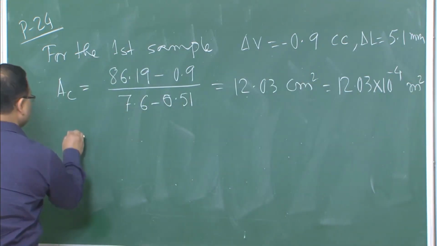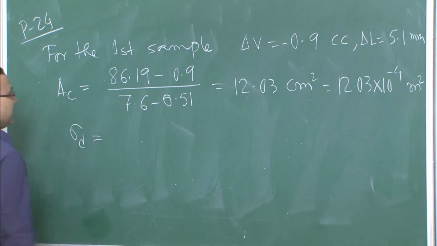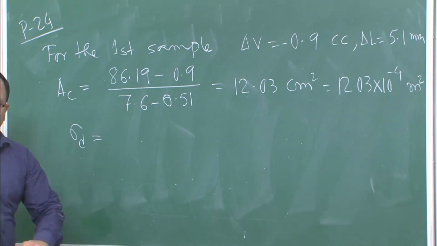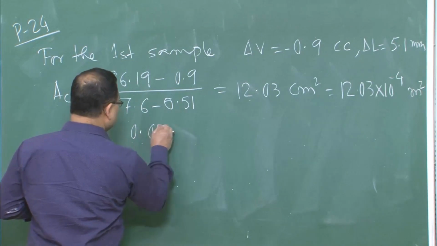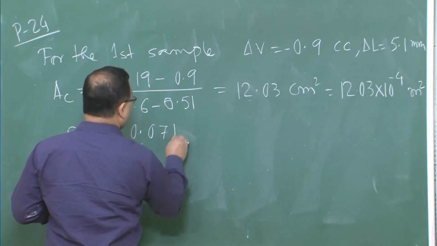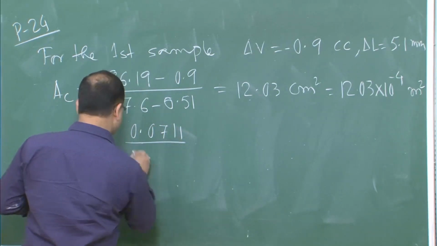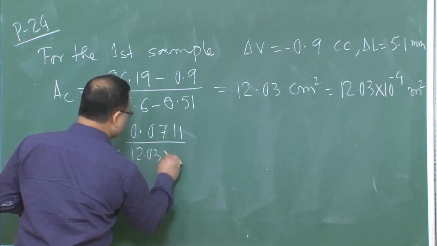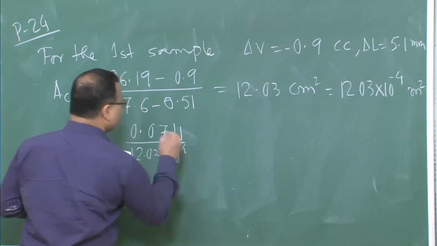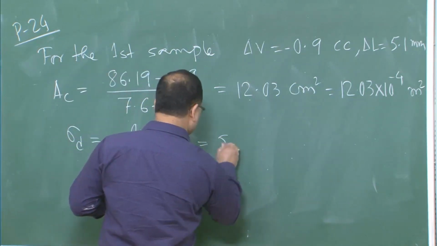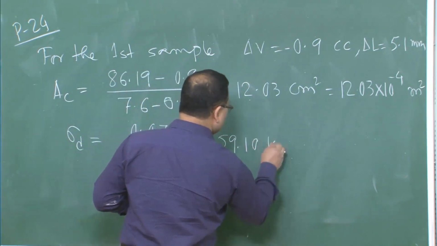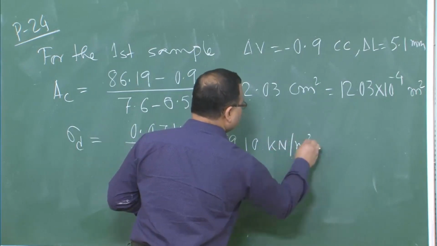Therefore, your sigma d, that is the deviated stress, is the deviated load divided by the corrected area. So, the deviated load is given as 0.0711 kilonewton divided by 12.03 into 10 to the power minus 4 meter square, that is the corrected area, which gives me 59.10 kilonewton per meter square.